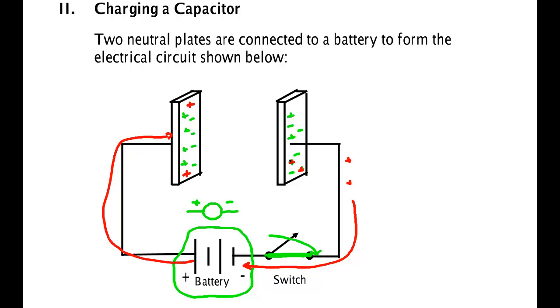It also means that these charges are no longer here. So that's left behind unbalanced negative charges, exactly the same amount of negative charge as the positive charge on the other plate. This separation of charge is called charging a capacitor.